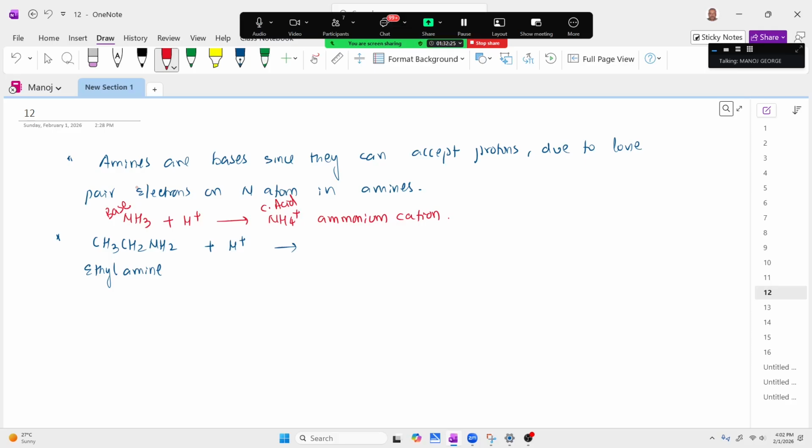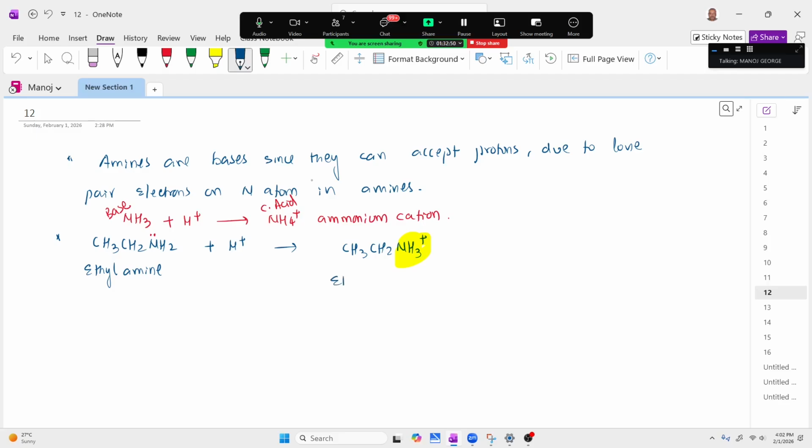Now, apply the same logic here. Nitrogen has a lone pair of electrons, so it is going to take that proton and change into CH3CH2NH3+. That's why I wrote ammonium cation here.